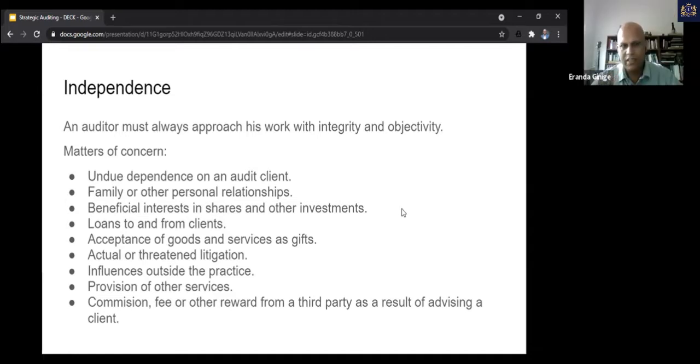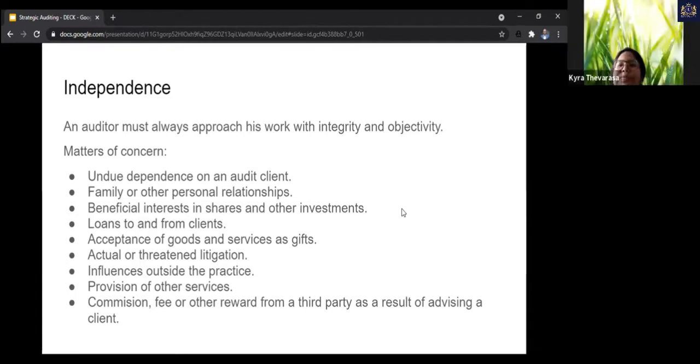Acceptance of goods and services as gifts. Now this is a very tricky area, right? The ideal scenario is that you don't accept any gifts from your clients, right?